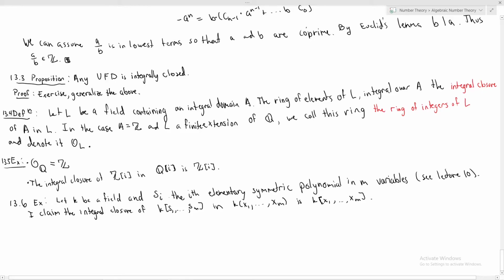Now, the way we're going to prove this is kind of clever. Proof. The first thing I'm going to notice is that this guy, if I just take the polynomials, is a UFD, and thus integrally closed.